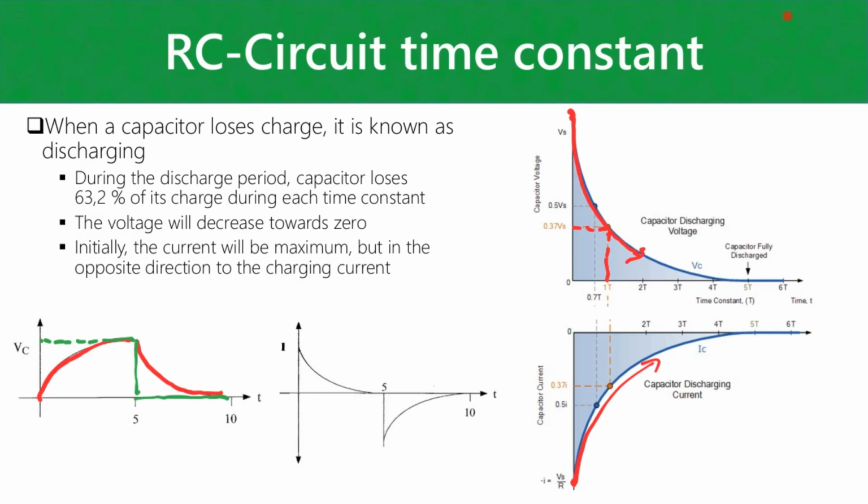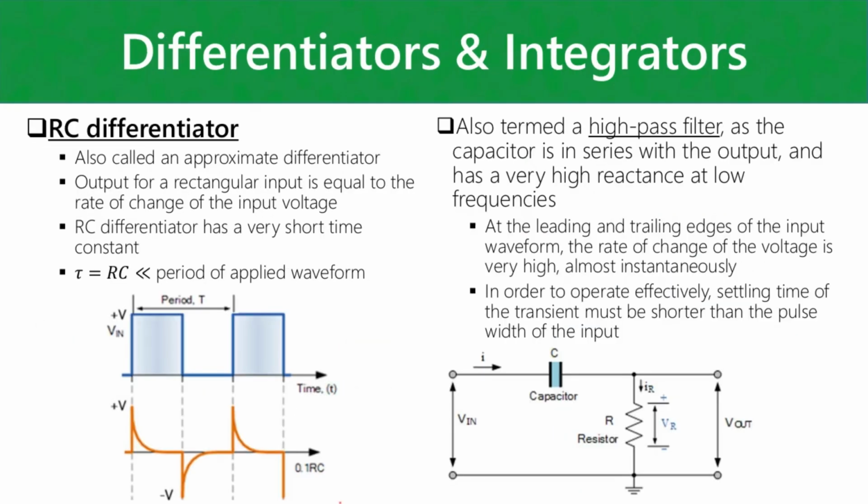You can see the same thing with the current if that is your input voltage. Here things are the right way around. Current is going to start at a maximum, go to low, and then start at a maximum again when the capacitor discharges. Okay, so that's your RC circuit. Quick and easy there.